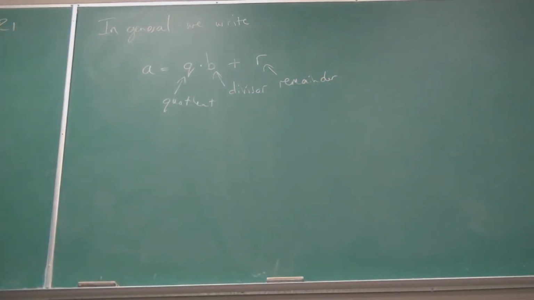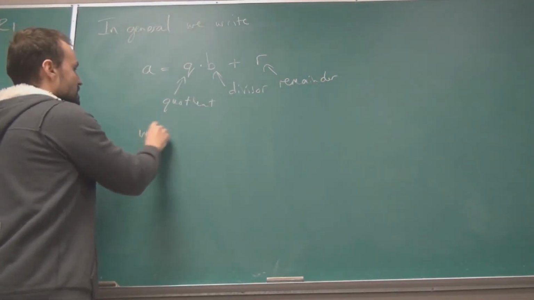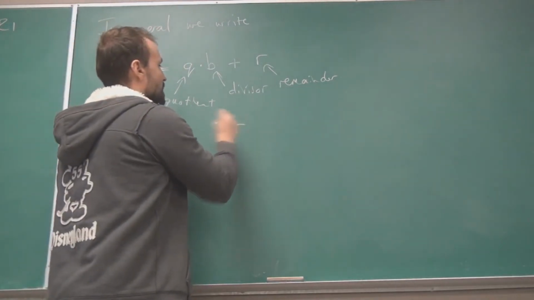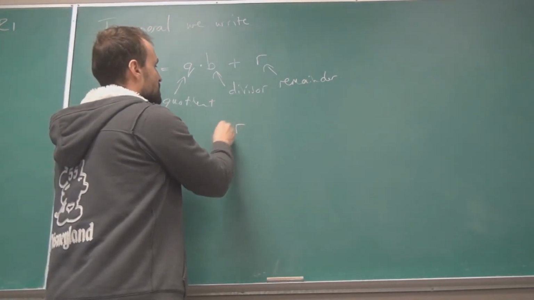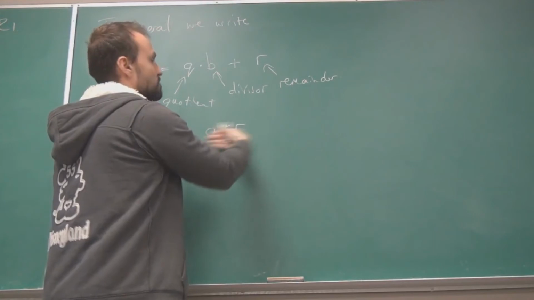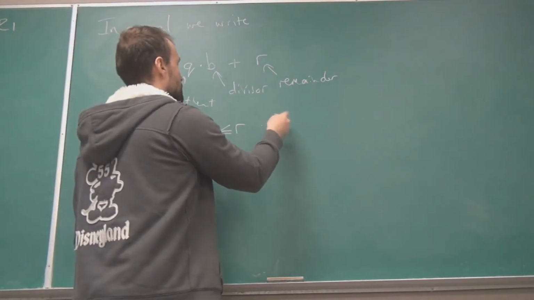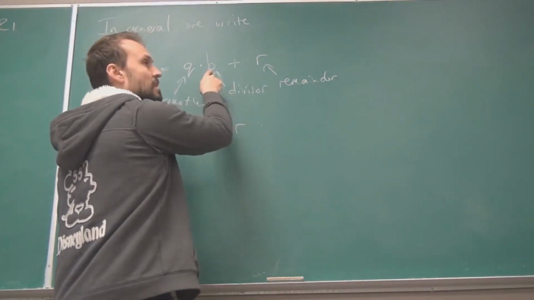There is a restriction on the remainder that we now want to express in our mathematical language. When we say it here in English, mathematically we say R has to be greater than or equal to 0, reading it backwards, but it cannot be this value or higher.